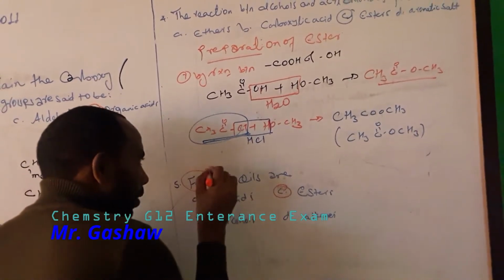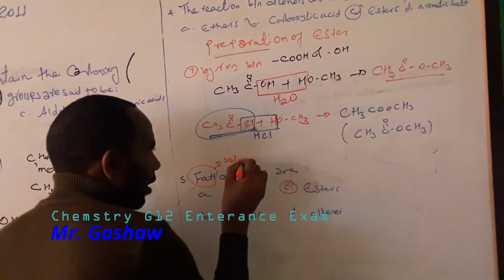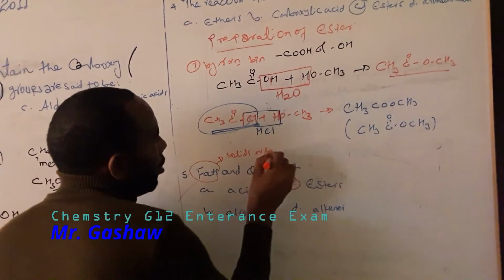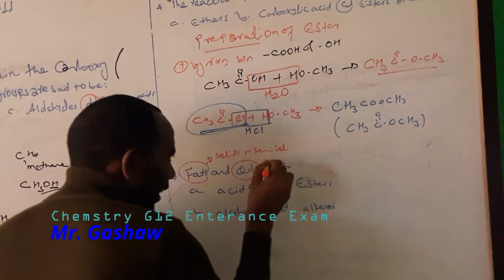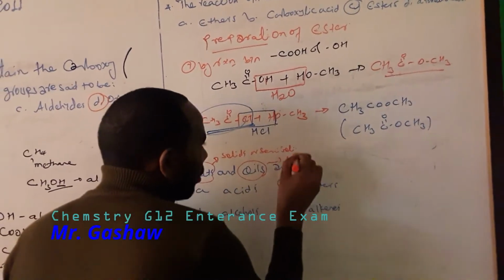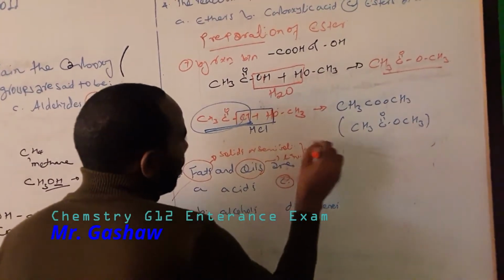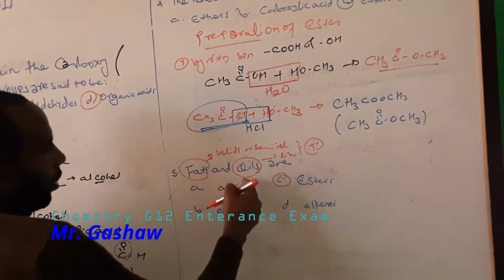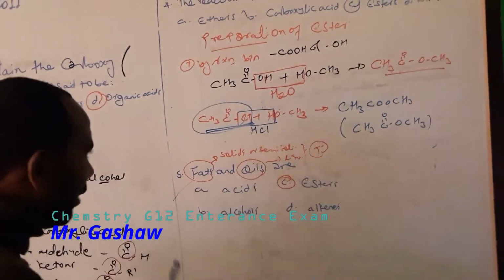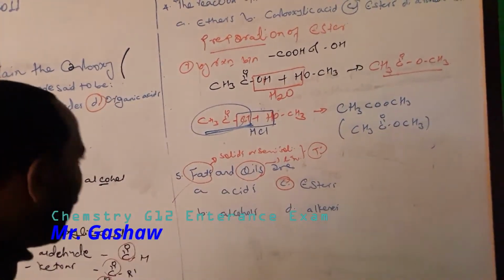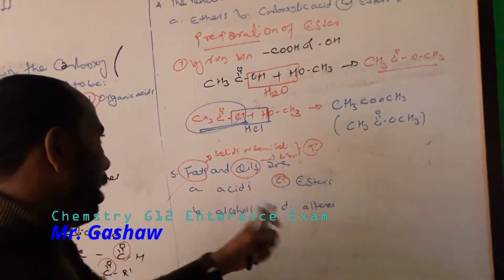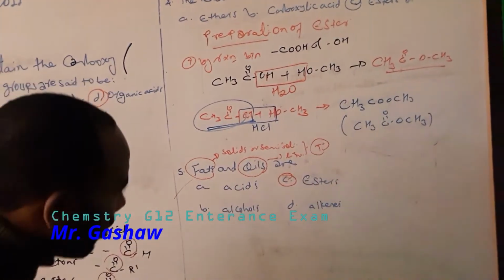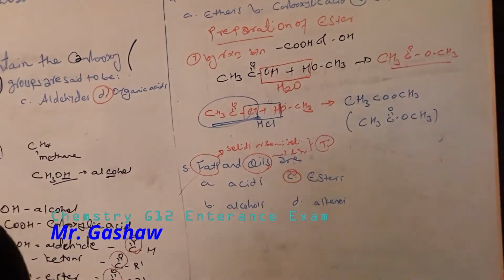Fats are solids or semi-solids, but oils are liquids at room temperature. Fats are solids and oils are liquids, but both are triesters of glycerin. So fats and oils are esters. This is the fifth one.